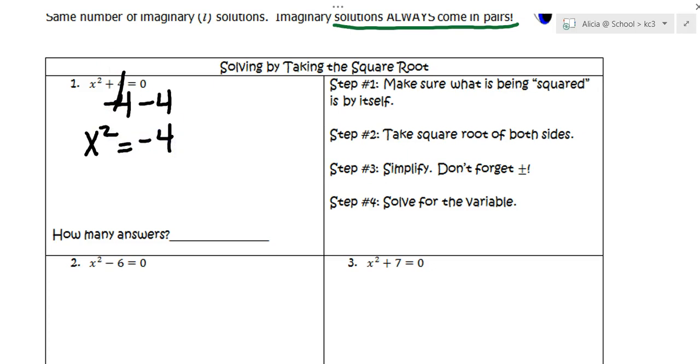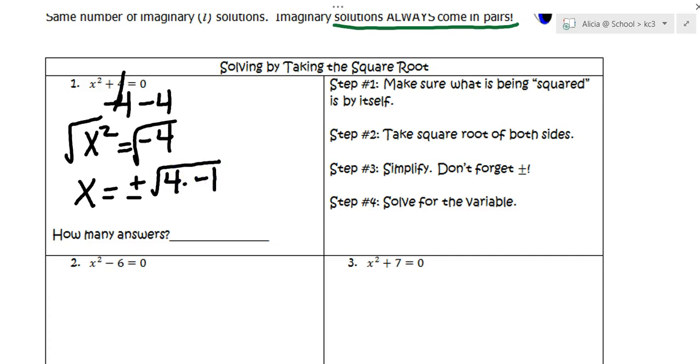Step 2 says take the square root of both sides. So when I take the square root of both sides, taking the square root of x squared is just x. I know I'm always going to have the plus or minus sign, so please just write that in the front. When I take the square root of negative 4, I'm going to have the square root of 4 times the square root of negative 1.